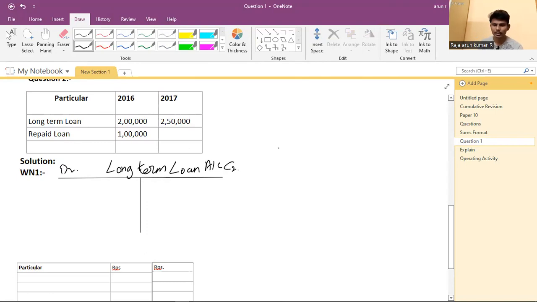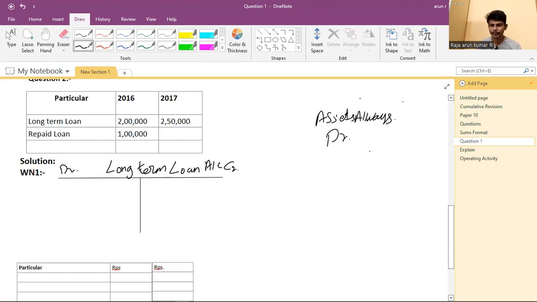Before working on the cash flow statement, you must understand that fixed assets always have a debit balance, and liabilities always have a credit balance. If an opening balance is given for assets, you start with the debit side.